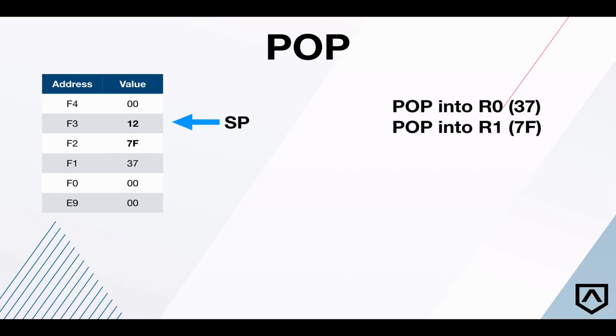We have 7F and 37 are still on there, and that's okay. CPUs typically don't remove that stuff from the stack. They just leave it on there. Next time we push, it gets overwritten, and that's fine. It would take extra time to change it back to 0, so the CPU typically doesn't bother.